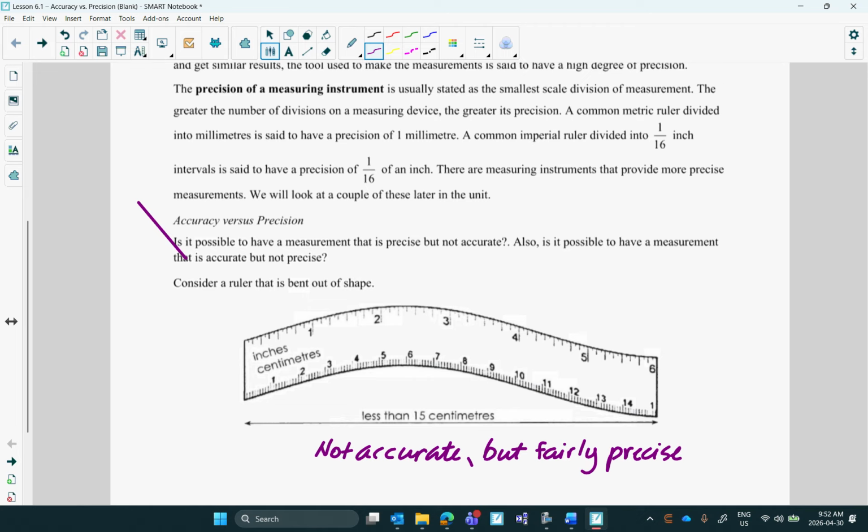So that means that we would say this ruler is accurate to a 16th of an inch. And these other lengths represent things like half an inch, a quarter of an inch, an eighth of an inch. We'll get into that more later in this lesson. Okay, but that's referred to as the precision of a measuring instrument. And right now we're just going to stick with rulers for measuring length.